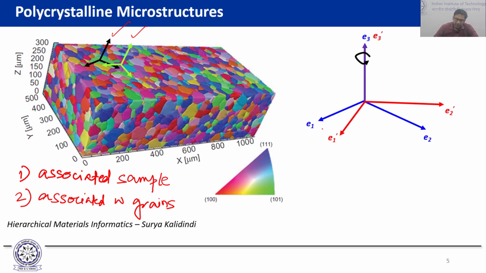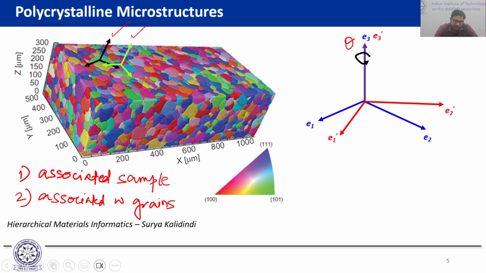Then for a particular crystal or grain, we have this second frame of reference, where the unit vectors are given by E1 prime, E2 prime, and E3 prime. What is really happening here is we are rotating the first frame of reference by an angle theta in order to generate this second frame of reference.